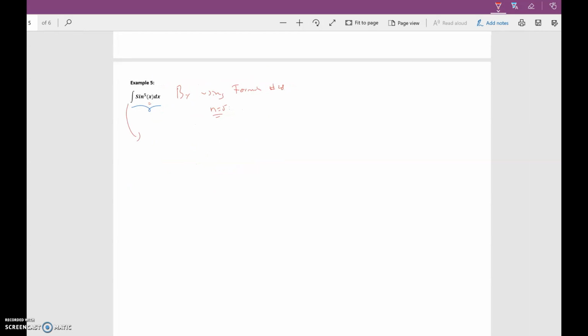So let me just rewrite it. We're looking at the integral of sine to the fifth of x dx.